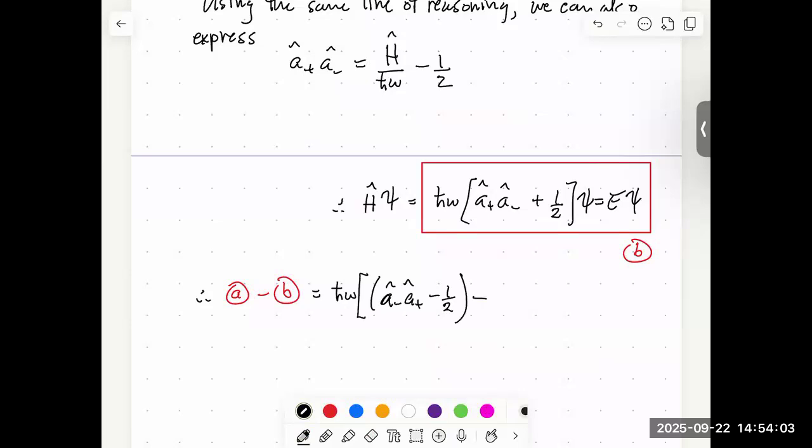And then B, I'm going to subtract B, and so that's a-plus a-minus plus 1/2. That's the left-hand side. The right-hand side is E psi minus E psi, which is just 0.